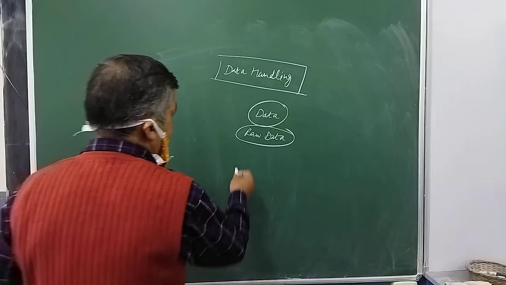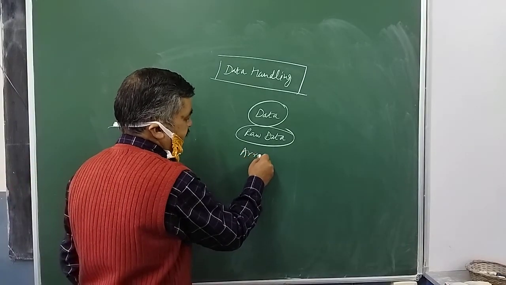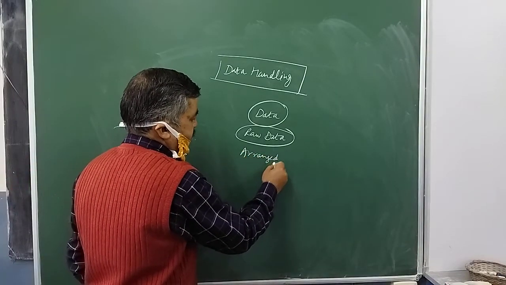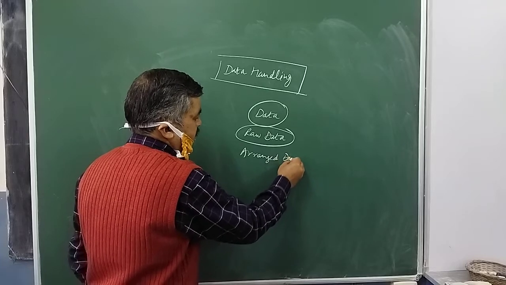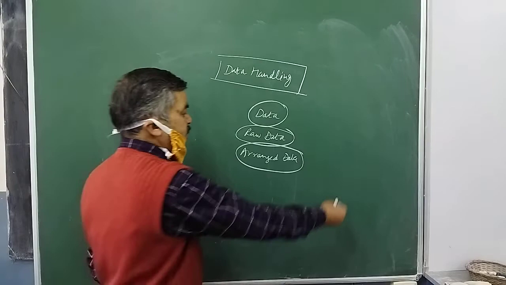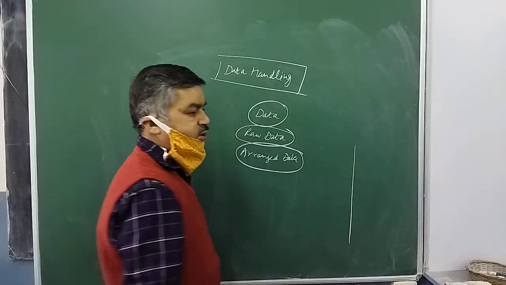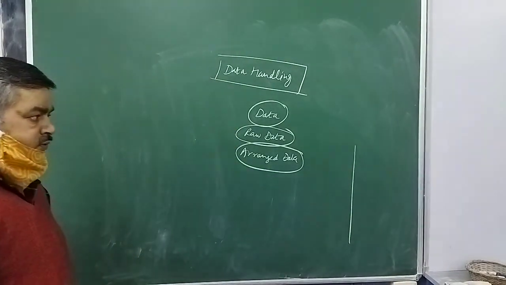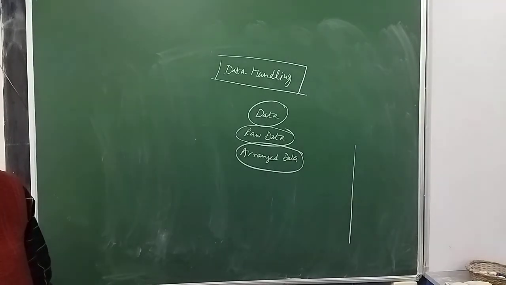Then arranged data, also called array data. Once you have done the tabulation, that is called arranged data.